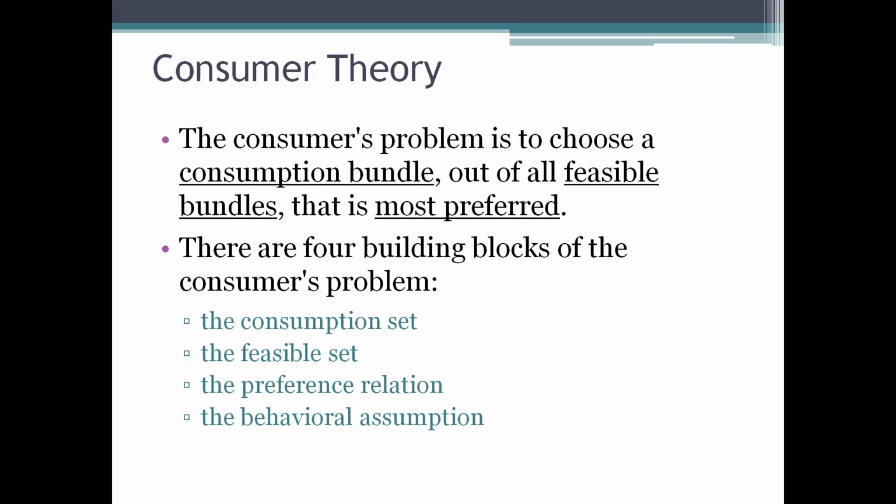So this is all just to understand his behavior. Once we get the consumption set, feasible set, and preference relation concepts, we will be able to put some assumptions over the consumer behavior that will help us later, as we saw in our introductory slide, to understand consumer demand behavior.